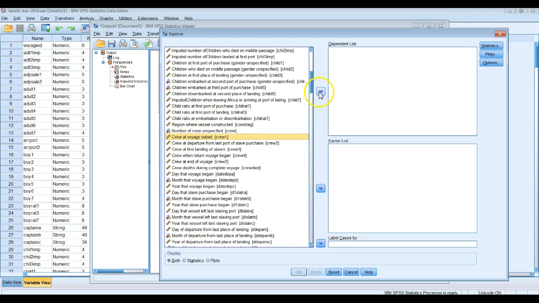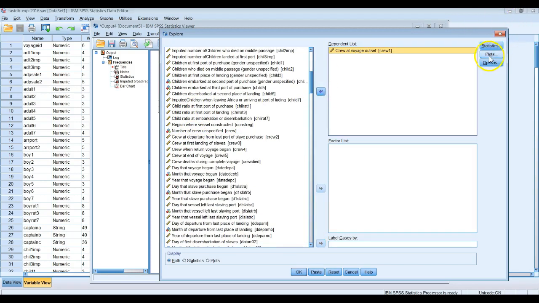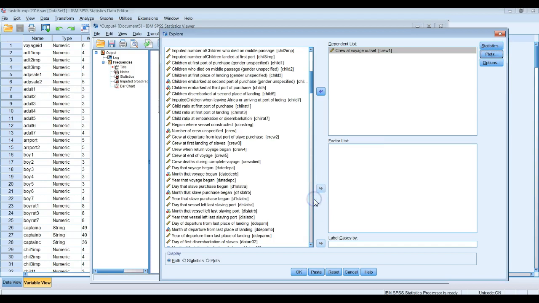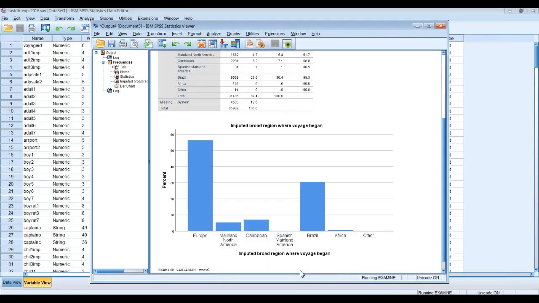Crew at voyage outset is one of the variables. Before we click anything else here, let's go to plots because I want to see the histogram, but we don't need the stem and leaf plot. So under plots, put a check next to histogram and we can uncheck stem and leaf because we don't need that. So click Continue, click OK.